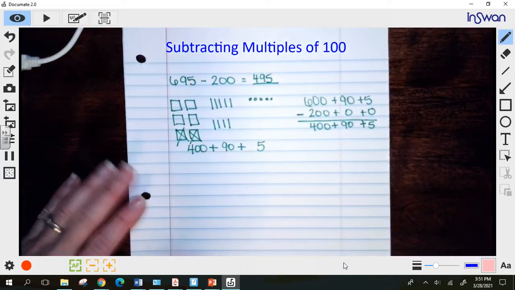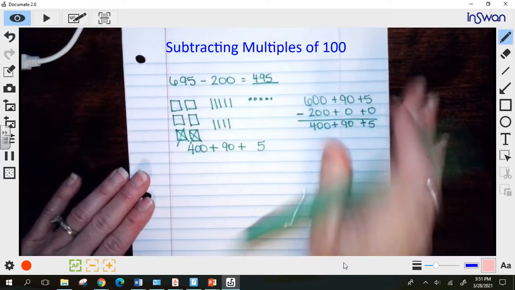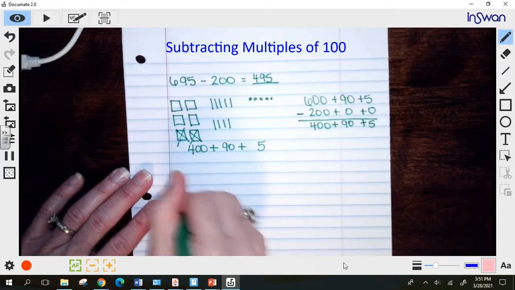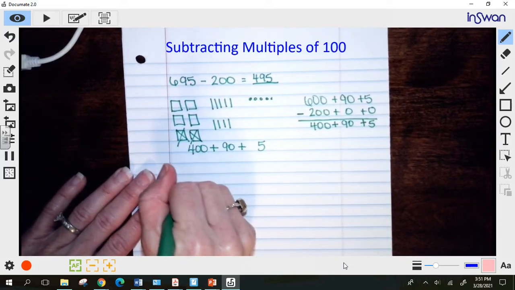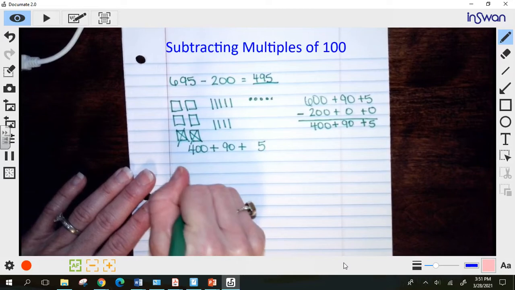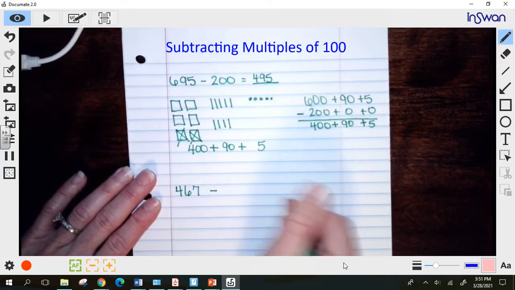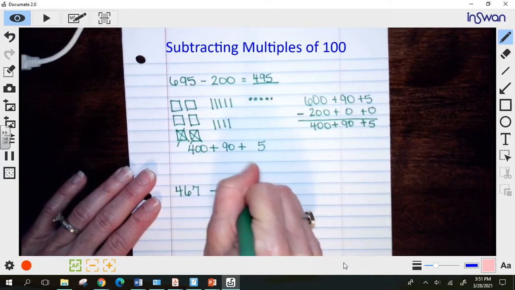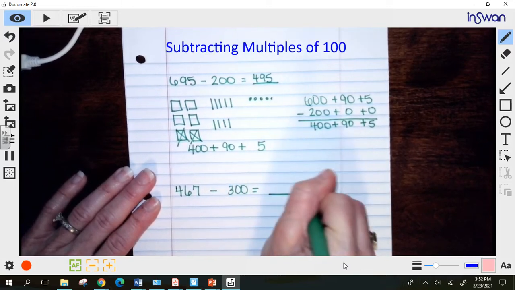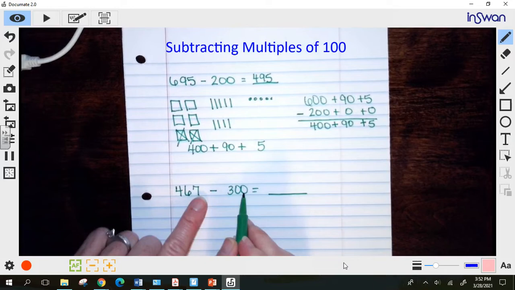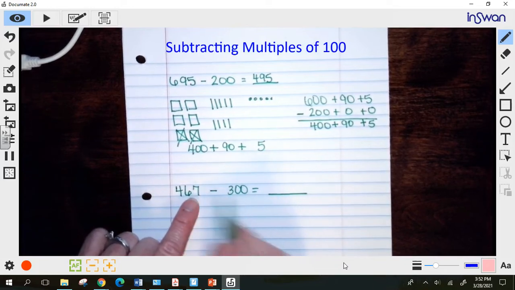So let's look at one more without a strategy using mental math. Okay, so let's see. I've got 467 minus 300. So let's do this one mentally. Do I take anything away from my ones?